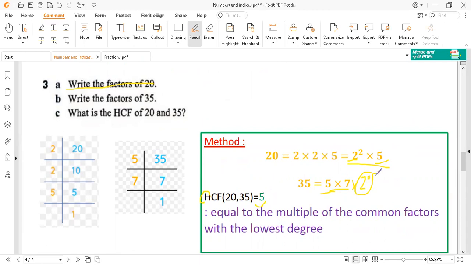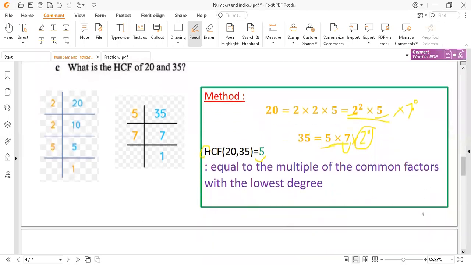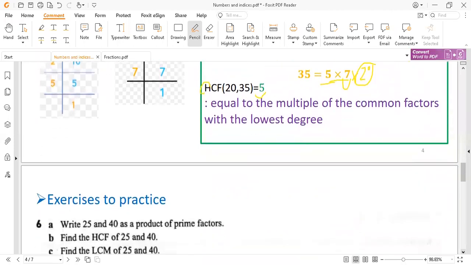We have a 5 in both, with equal exponents, so we choose 5. Then 7: we don't have a 7 in the first number, so we add 7 power 0. So the multiple of the common factors with the lowest degree is 5.